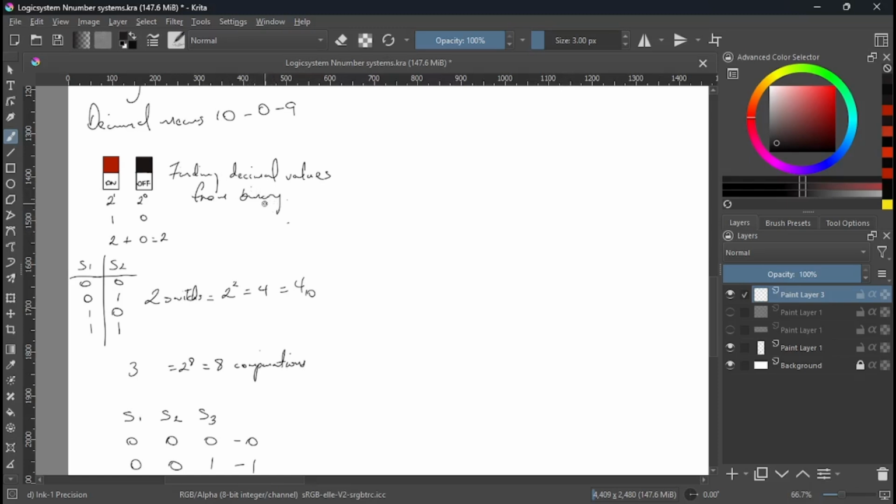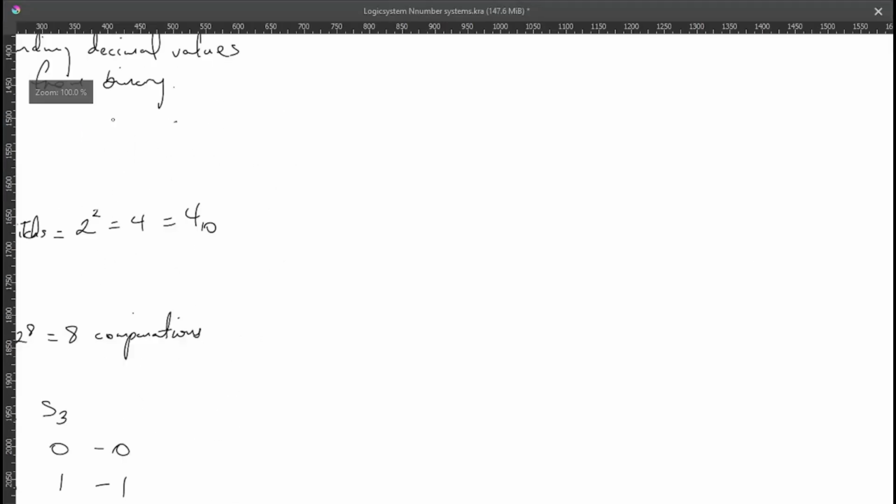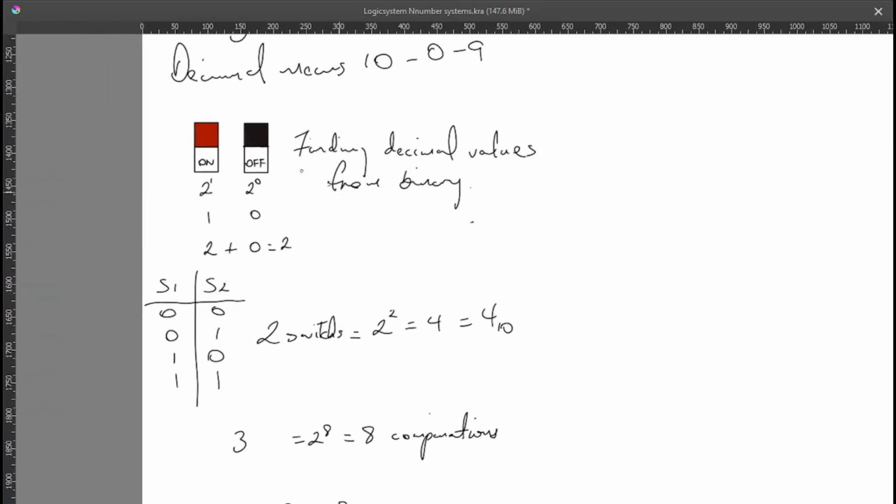Find the decimal values from binary values. In this example, let me zoom in a little bit. We have one light switch that is on, that's this one, and one light switch that is off, that's that one.